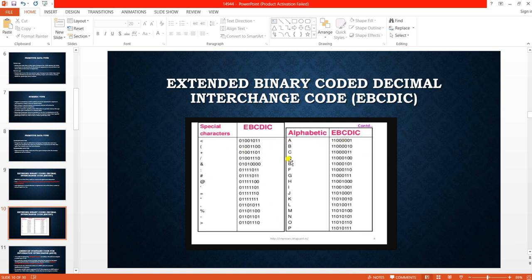So each alphabet represents a binary number. Because computers understand binaries, your zeros and ones, your A, for instance, is equal to this binary number.